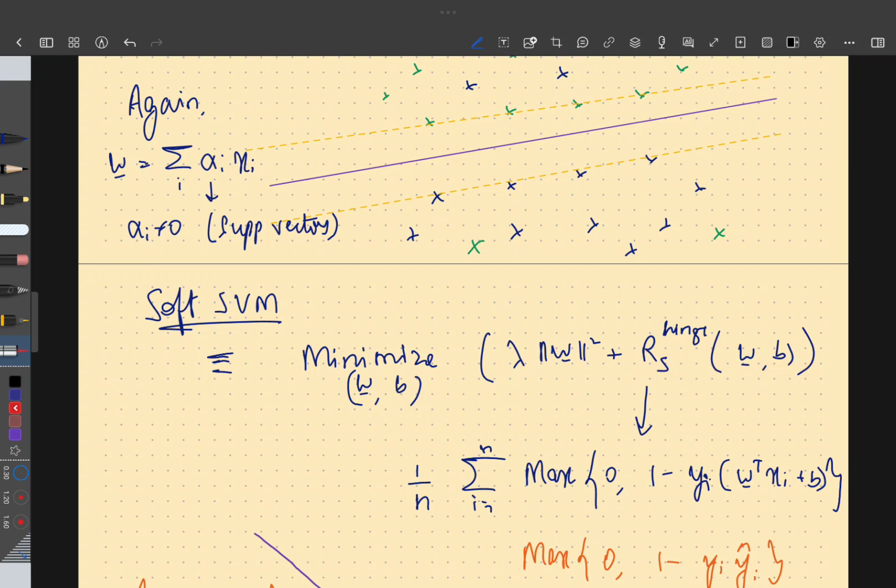But up to this scaling factor of both W and B by the same amount, the solution of hard SVM or soft SVM is unique because the hyperplane is still the same.